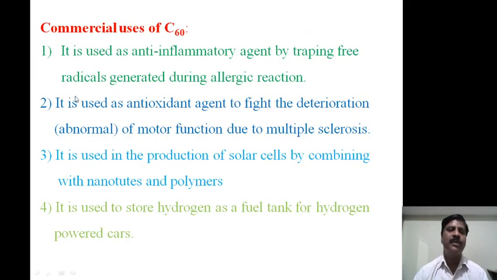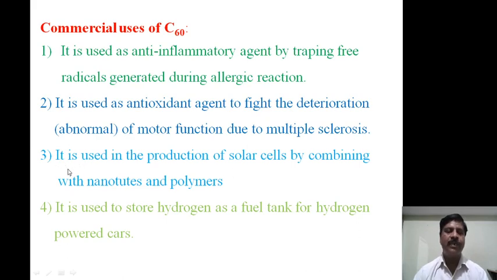Now coming to the commercial uses of C60 fullerene. It is used as an anti-inflammatory agent by trapping free radicals generated during allergic reaction. Second, it is used as an antioxidant agent to fight the deterioration of motor function due to multiple sclerosis.